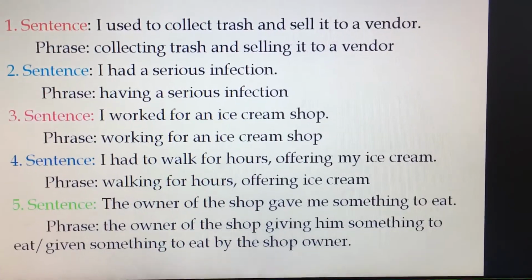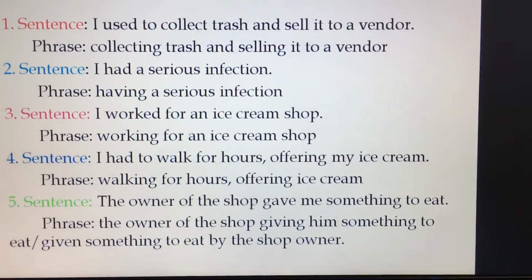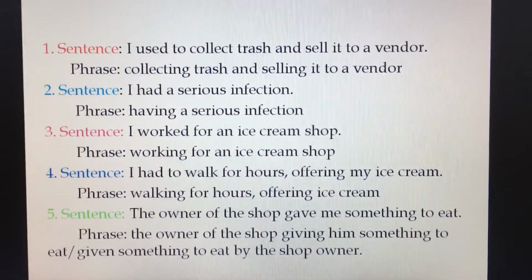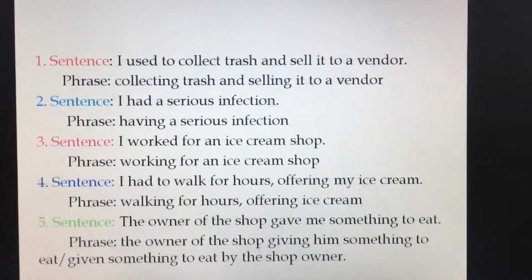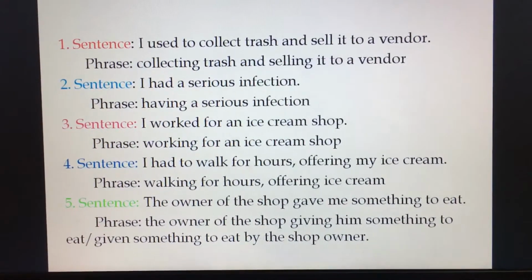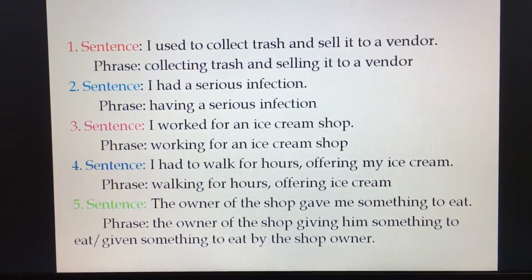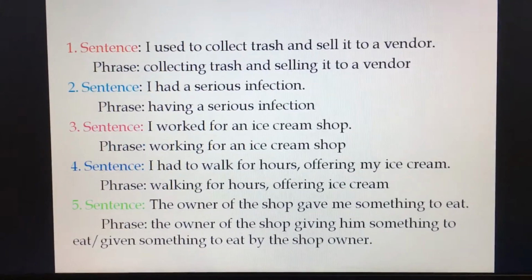Or you can also curtail the sentence like giving him something to eat by the shop owner. So whatever you do, you must remember at the back of your mind that your phrase must bear the information taken from the text.